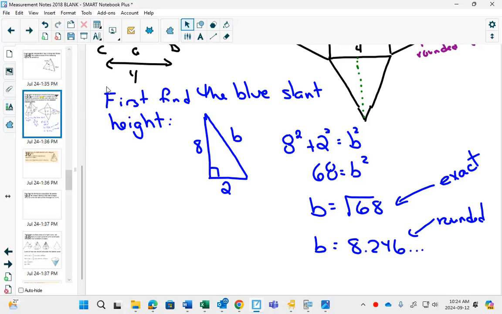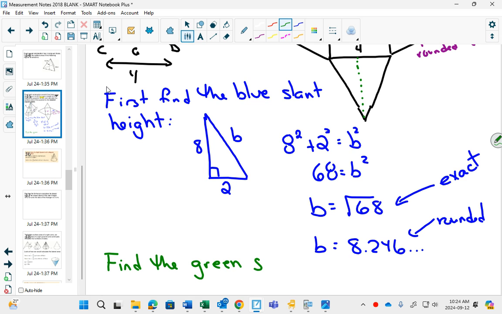So we have to do the same thing with the green dotted line. I'm going to change my pen color to green, because we need to find that green slant height. And it's going to be exactly the same idea.